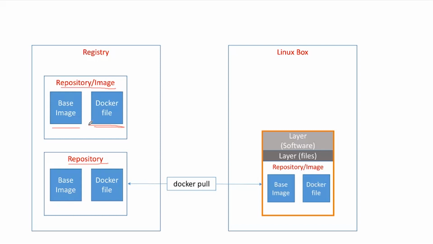Without a base image and without a Dockerfile, you cannot build an image. So a registry is a place that holds images or repositories. A repository is essentially the image or the thing that you're using, but it includes a base image and the Dockerfile.